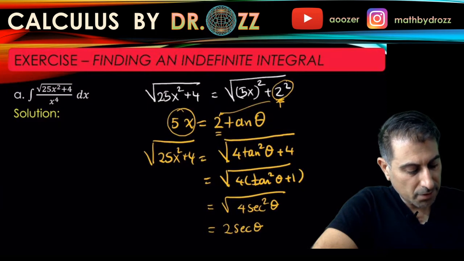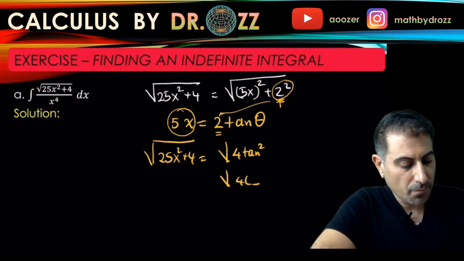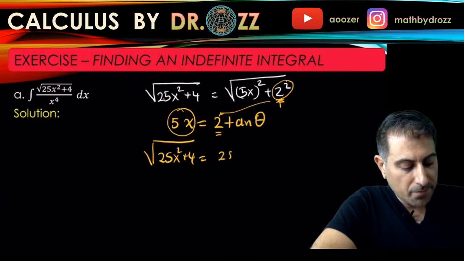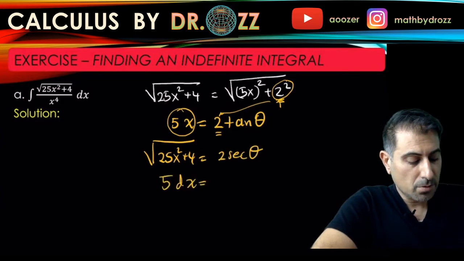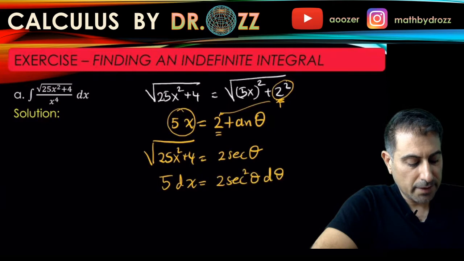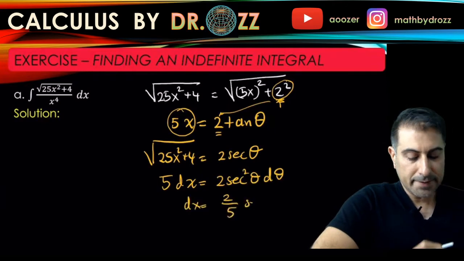I'm going to write just 2 secant theta here, since we had this calculation already. Okay, so 5 dx is the derivative of 2 tan, so 2 secant squared theta d theta. So in other words, dx is going to be 2/5 of secant squared theta d theta.